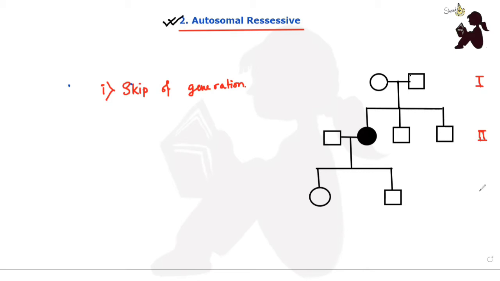In generation 3, there is again no diseased individual. Also, in autosomal recessive, two unaffected or normal parents can produce a diseased individual.